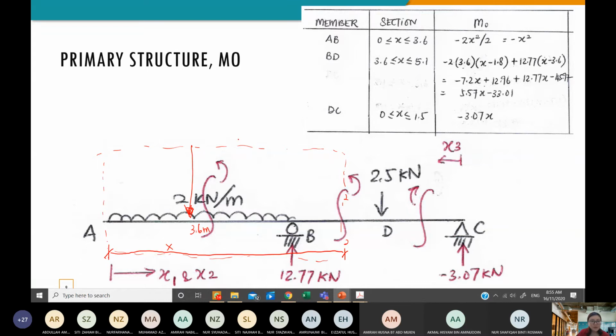So now this will be 2 times 3.6, which will be my loading. Just take the area of this rectangle.